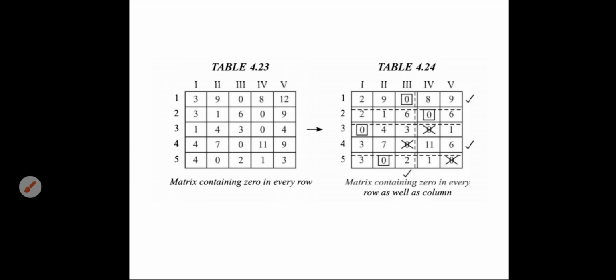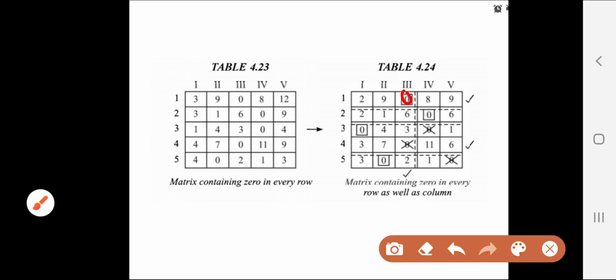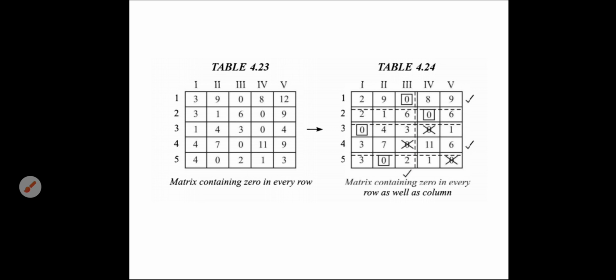Then in the same column, if another 0 is there, you mark it with a cross. Similarly, in the second row you find an assignment here. In the third row, you assign this 0, and one more 0 is there, you cross it. In the fourth, it is already crossed. In the fifth, you assign the second 0, and one more 0 in the same row you mark as a cross.